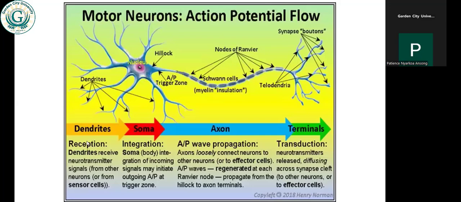So you say the dendrite, that's the reception. At the dendrite, you see the neurotransmitters, and they trigger voltage-gated sodium channels. So there is an influx of more sodium ions into the cell. Then that is the actual propagation of the signal along the dendrites and then the soma.